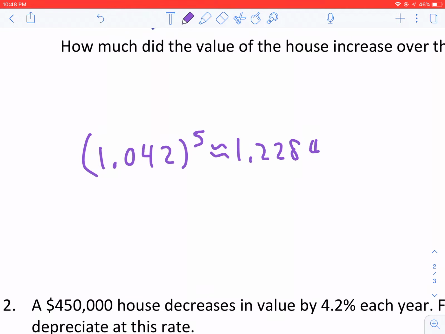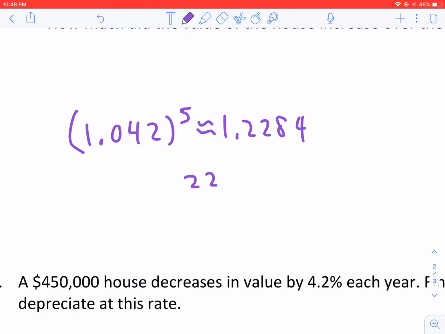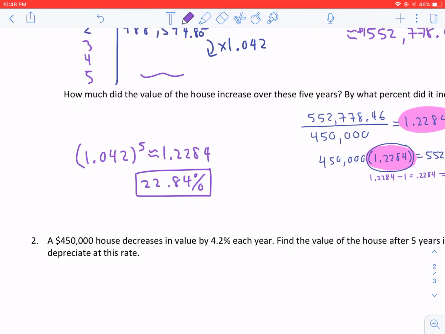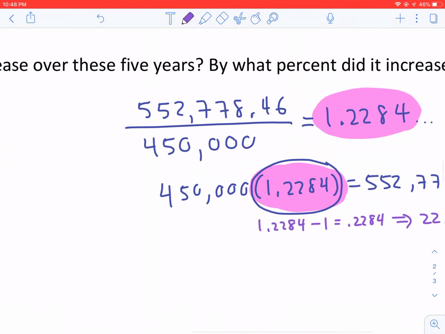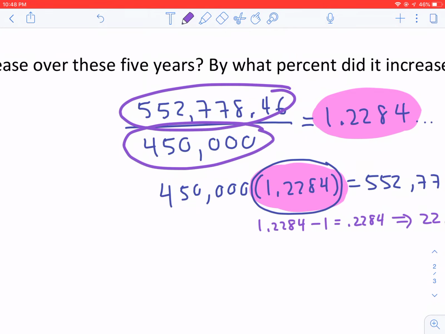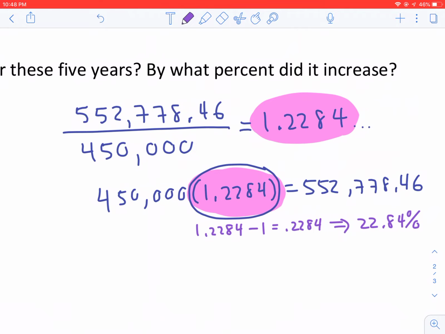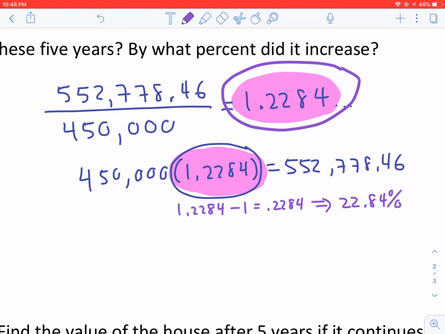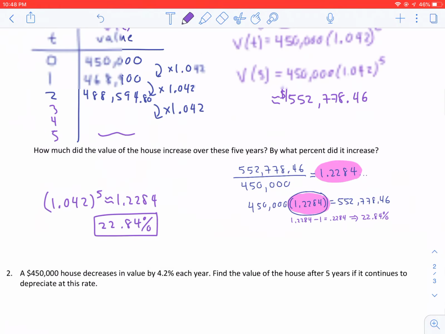And again, that's where we get our 22.84% increase. You can also do final price divided by original price, which of course also gets you what we had to multiply by to get that increase, and we can use that value to get the percent increase. All right, hopefully that makes sense.